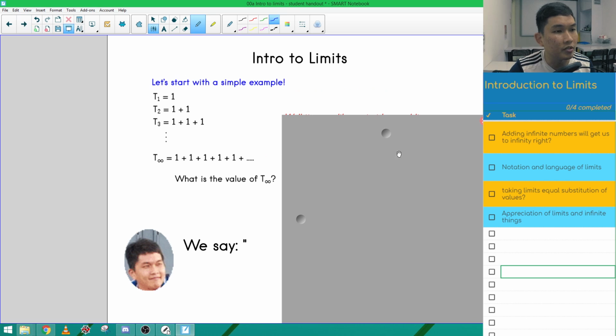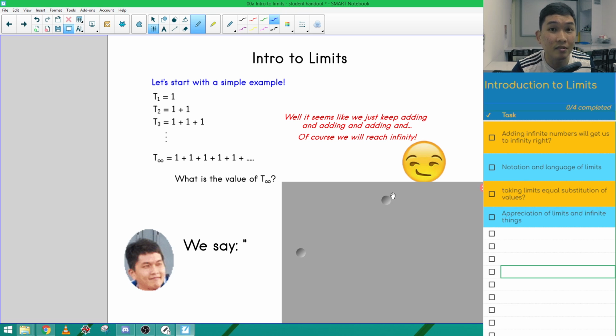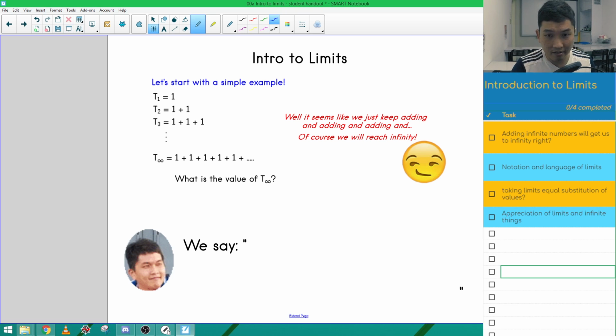Some of you will say, oh, we just keep adding and adding. If you keep adding, then of course you'll go to infinity. Okay, I kind of agree with that. So we can say this. Let me just write this down very quickly.